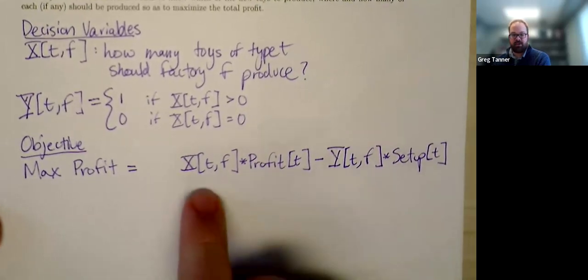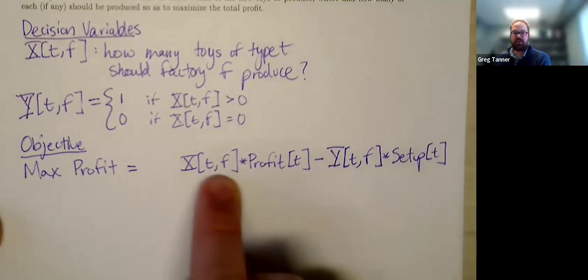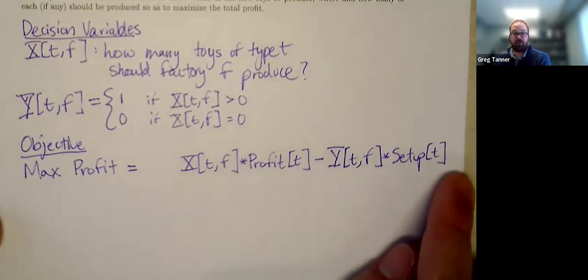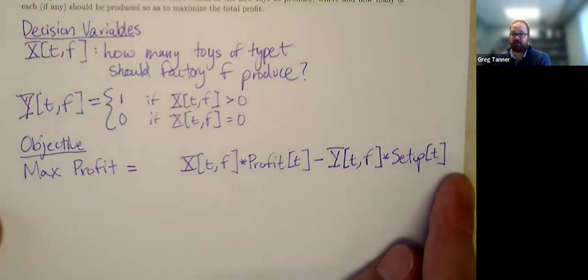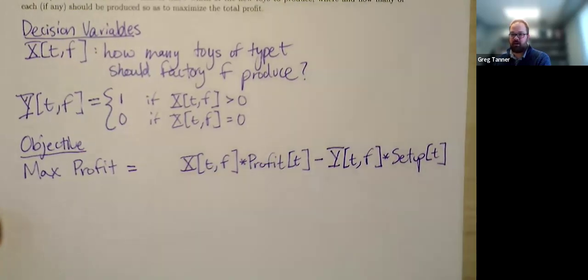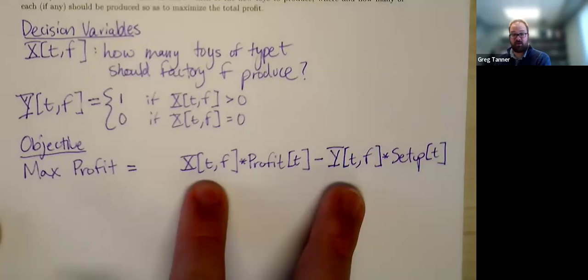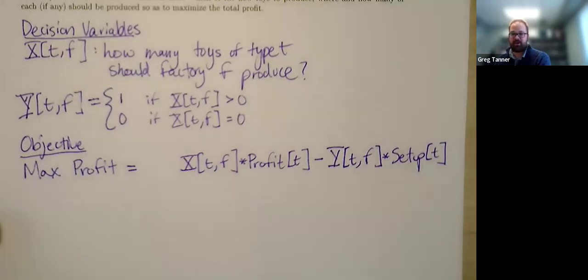If we just consider a single toy at a single factory, this would be the net profit for that toy at that factory. Notice it doesn't depend at all on the factory. Now we need to do that for each of the toys at each of the factories and add all those up, some of which are going to have zeros for the variables, and those are essentially not going to affect the sum.